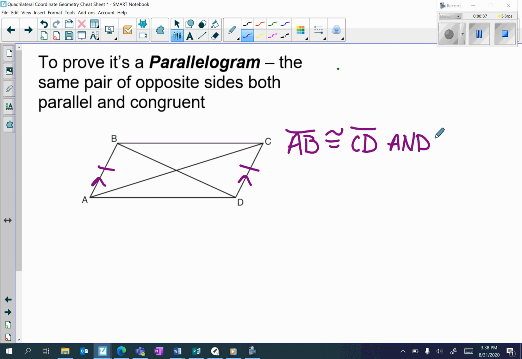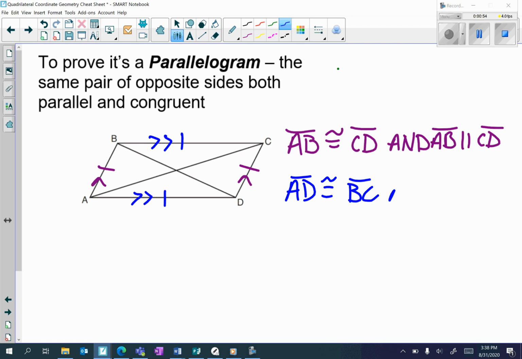Or you could do the opposite: BC is congruent to AD, and AD is parallel to BC. So the same pair of opposite sides has to be both parallel and congruent.